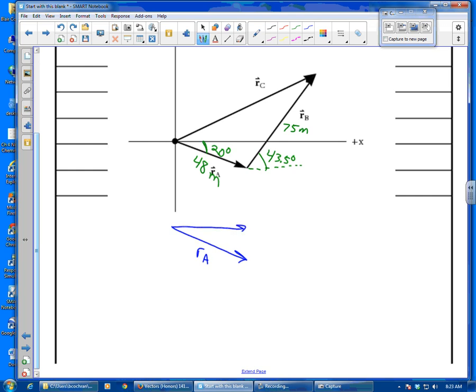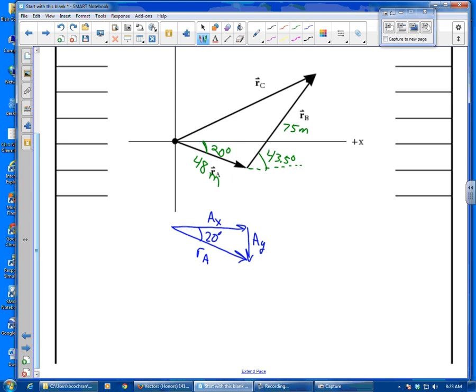It's going to have a horizontal component and a vertical component. We'll call this AX and AY, and this is 20 degrees. I'm just doing little sub-diagrams to help me organize my thoughts.